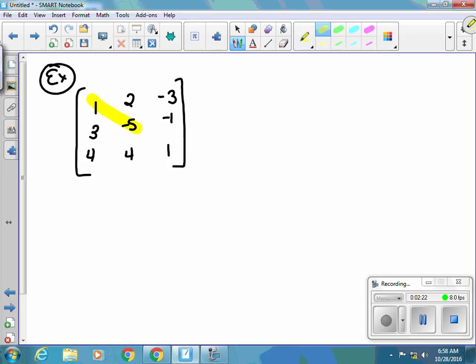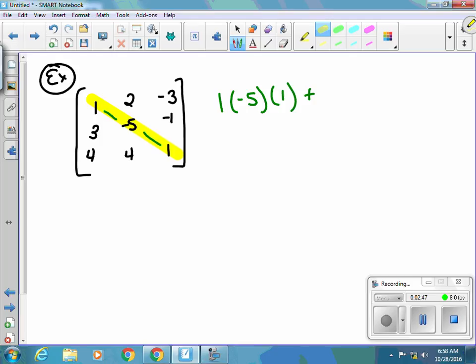my first diagonal is going to be that 1 times -5 times 1. Now, I still have multiple diagonals in this because it's a 3 by 3.